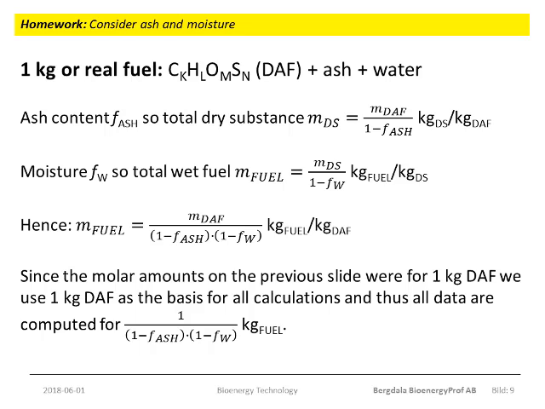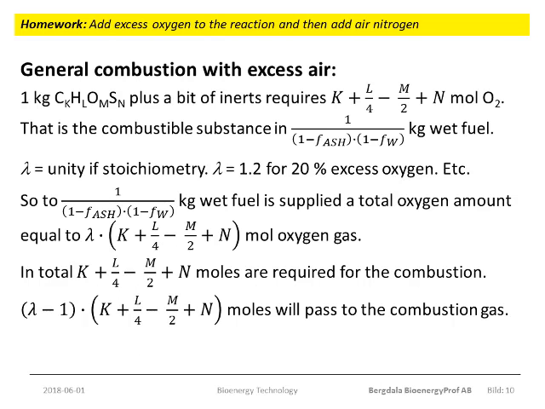From the fuel analysis appendix, you remember that ash analysis is always dry substance, while moisture content is always on a wet fuel basis. The air excess factor, lambda, is a proportionality constant taking a value of unity in case of the oxygen supply equaling the stoichiometric need. If the air supply is double, then lambda is set to 2, etc.